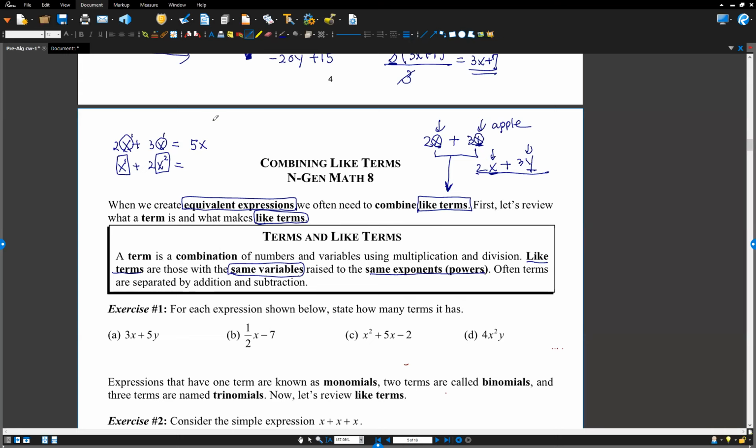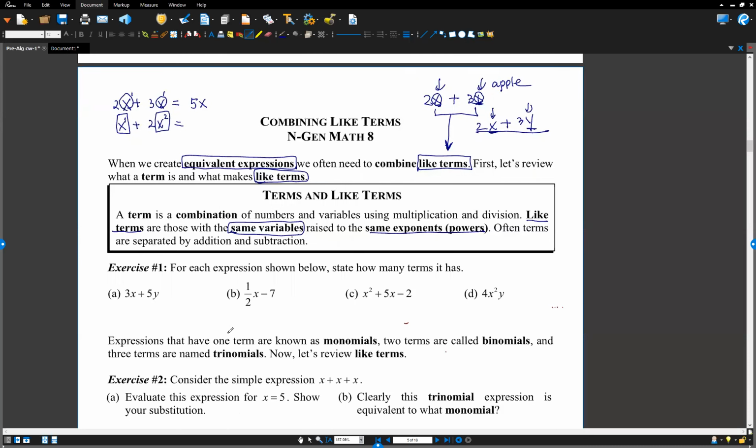So remember, like terms means same variable with the same exponent or power, okay? This is like terms.